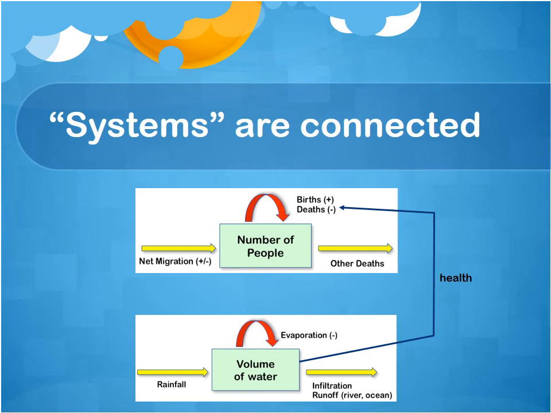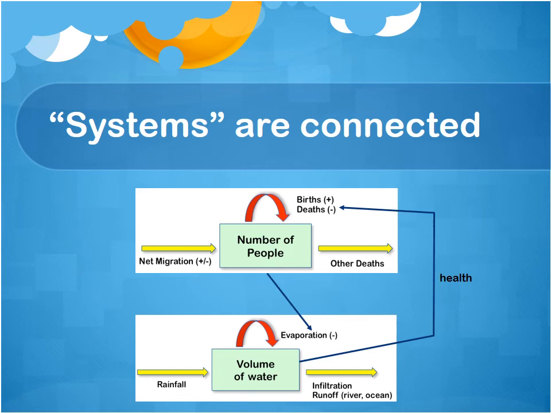of the people, which will affect births and deaths. So if you have good quality water, plenty available, you have the capability of having more births. But if you have little water available or poor quality, then you have more potential for death. So there's a connection between these two systems through health. There could be another connection.